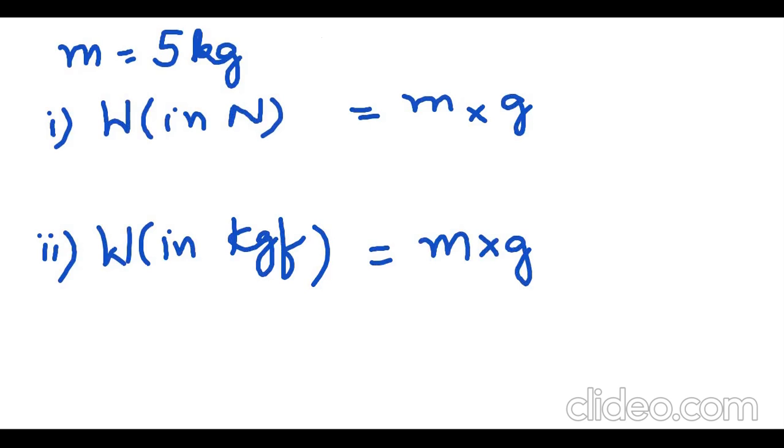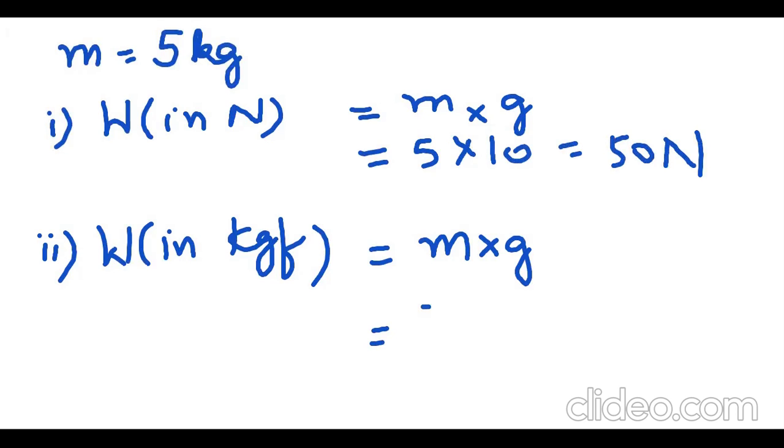So I hope you all have done. Let's find the answer. Take mass as 5. Given to us, g take it as 10. 5 into 10, 50 Newton. While in kgf, 5 multiplied by g. We will not put the value of g.